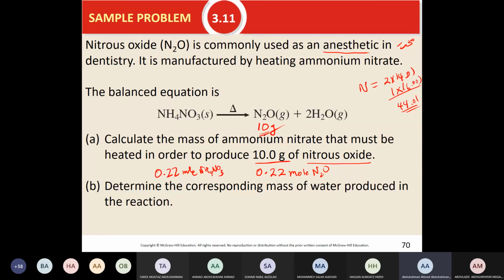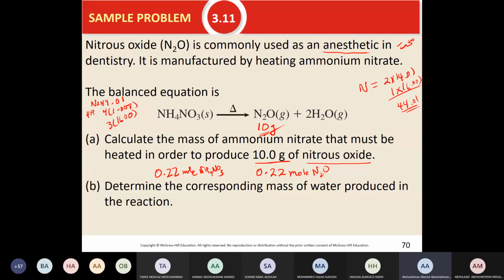All right, good. How many grams is this one? Now we have nitrogen is 14.01. 4 hydrogen is 4 times 1.008, plus, oh sorry, 2 times 14.01 because we have 2 nitrogen, and then we have 3 times 16.00.